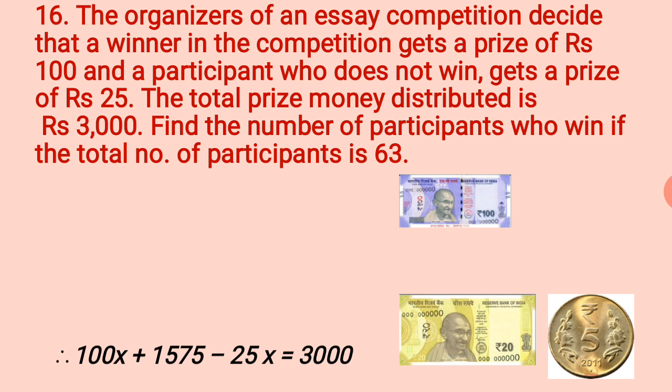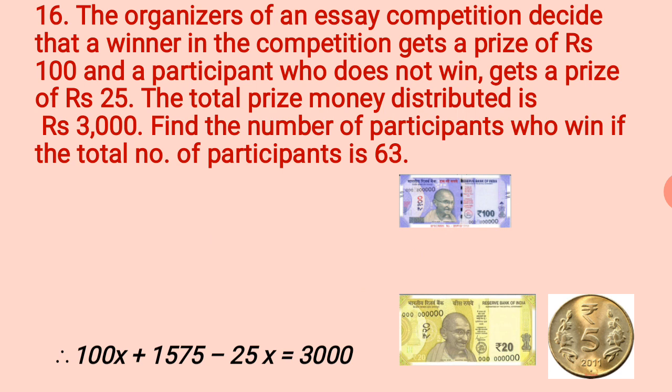You can see it's flashed on your screen, 100 rupees and 20 plus 5, that is 25 rupees. The total prize amount to be distributed is 3000. The total amount is also being told to you. Find the number of participants who win if the total number of participants is 63. The total number of participants is also told to you.